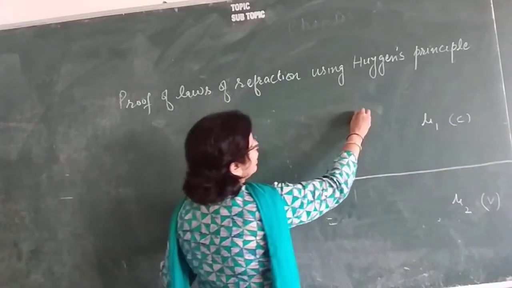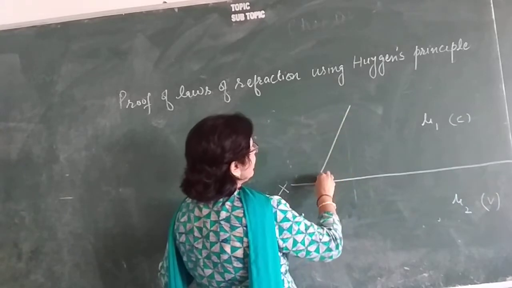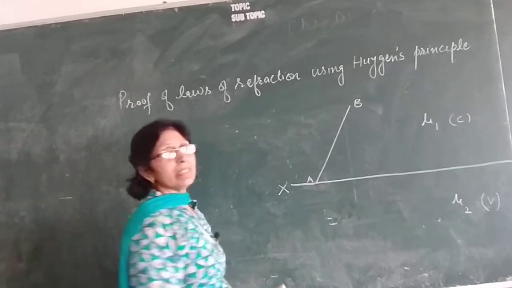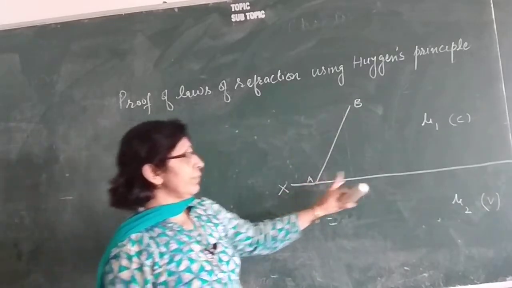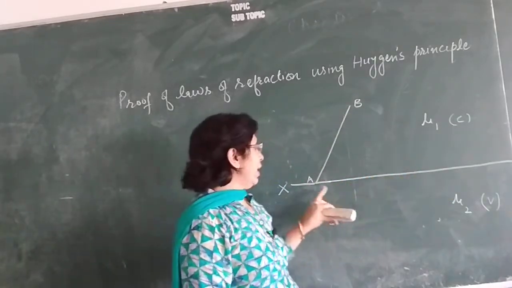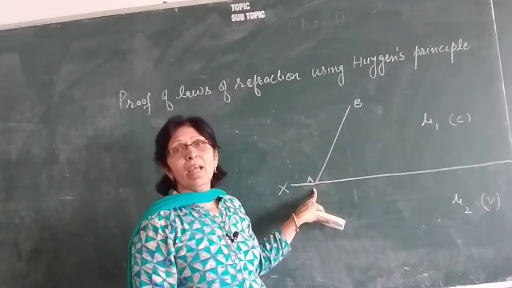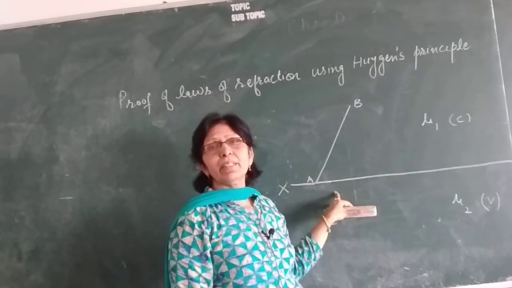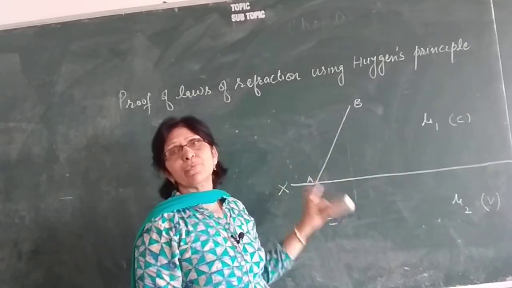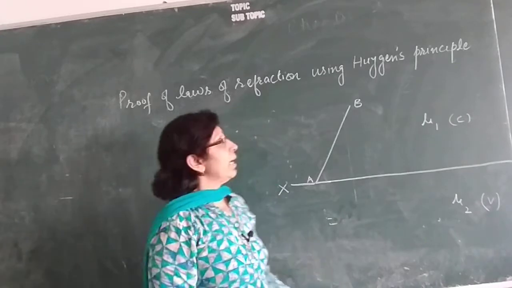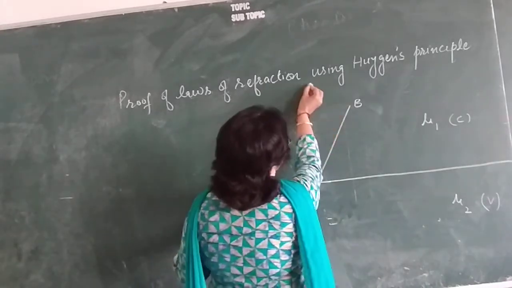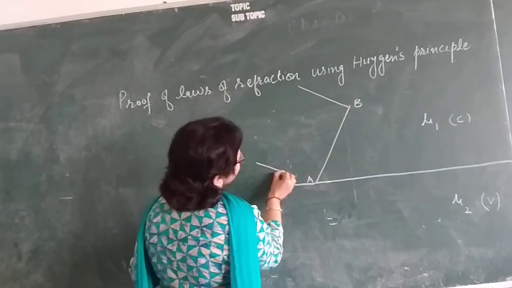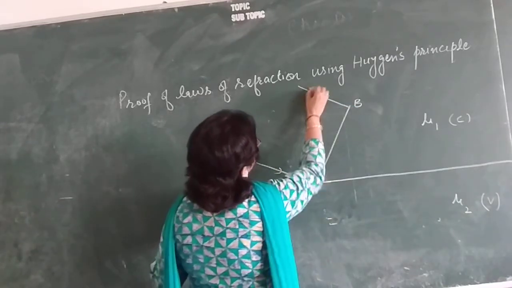Now consider a plane wavefront incident on it. Let AB be the plane wavefront which is incident on the refracting surface XY at A. We have studied that if there is a wavefront, the perpendicular lines to this wavefront give you rays, so I can make perpendicular lines on this wavefront as 1 and 2.